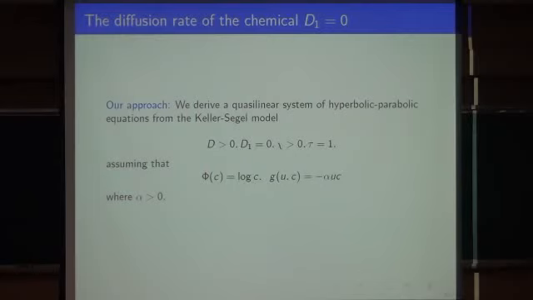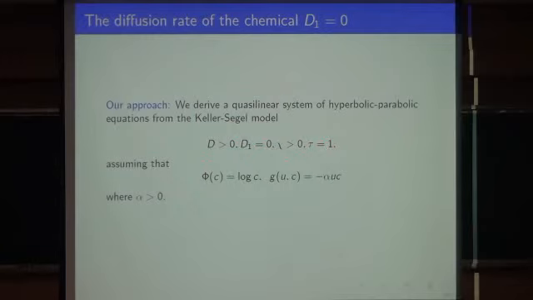We studied the case as I mentioned. The first case is that the diffusion of the cell is positive, and the diffusion of the chemical is 0. And so we do have dynamics of chemical.